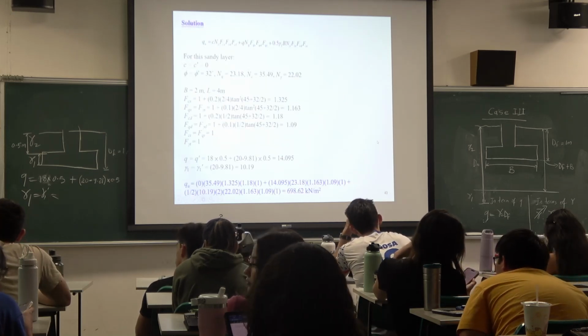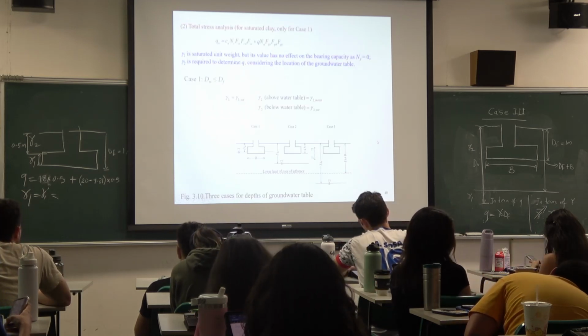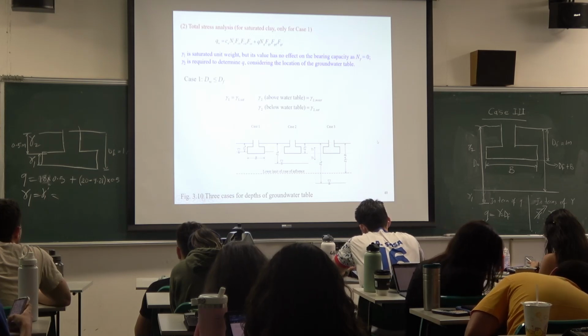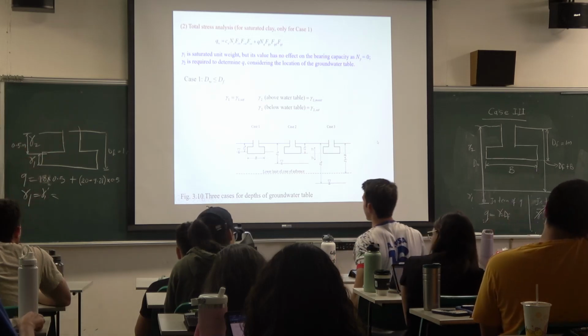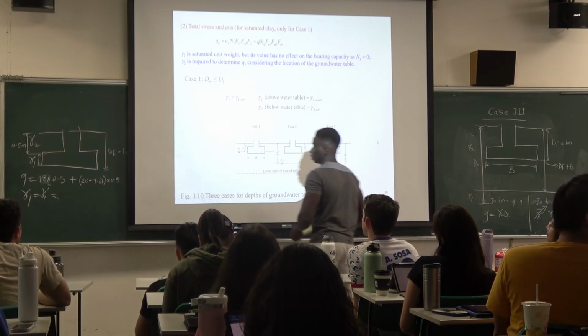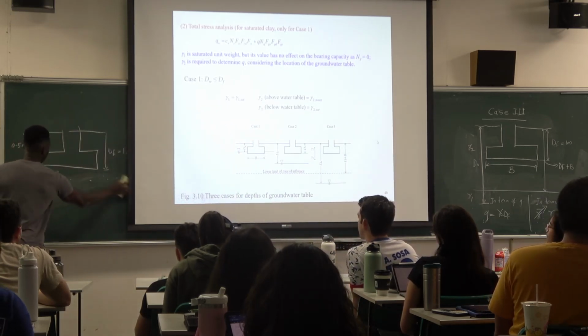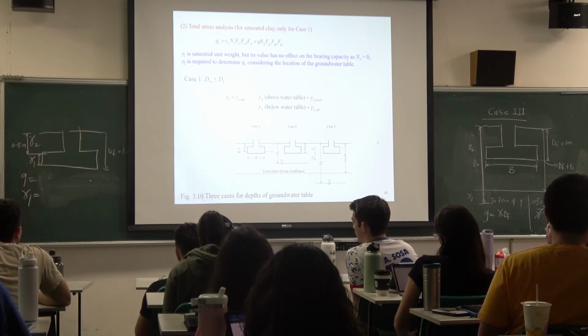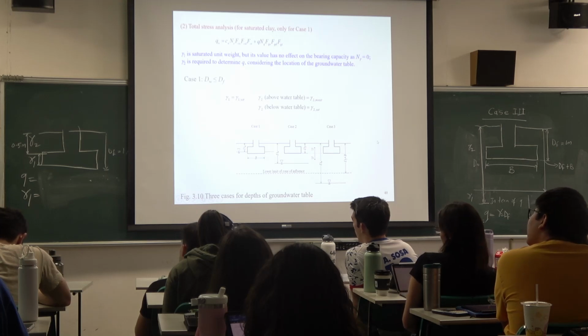Oh, sorry. This example is also the effective stress. So if we are going to do the total stress part, then you don't need to subtract any water gamma W, right?